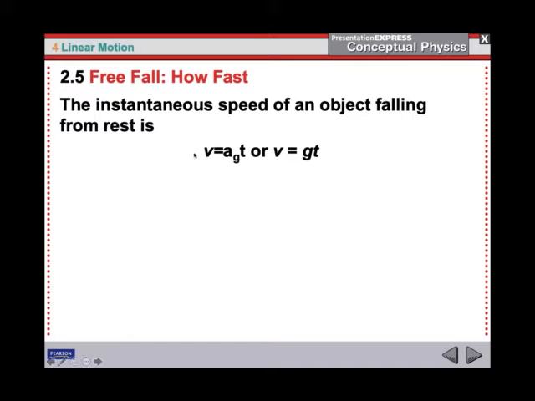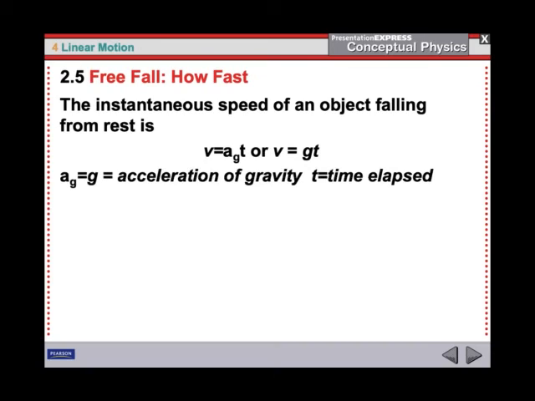This one gives you velocity directly. Or if you're a fan of the lowercase g, it's the V equals g t formula. So velocity equals the acceleration due to gravity times time. Both of these mean exactly the same thing. I like this one because it actually forms a word, so it's easier to remember.